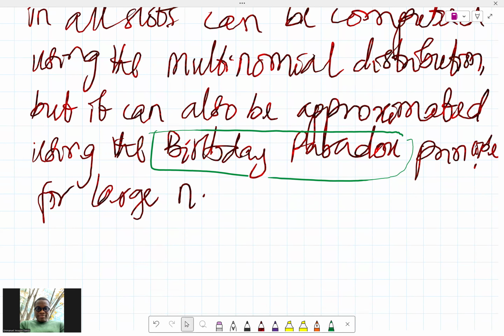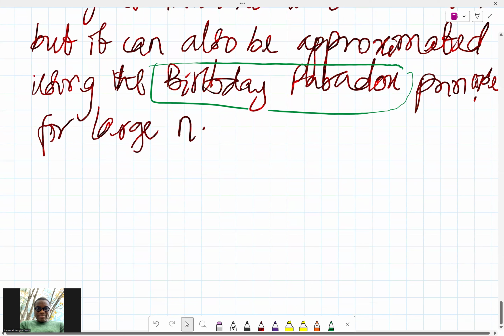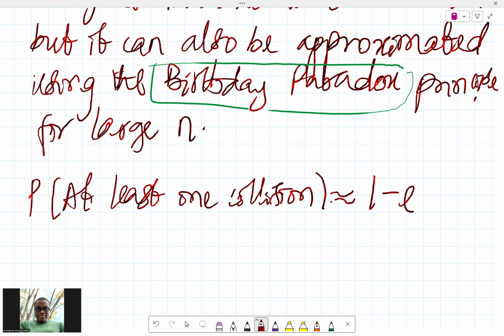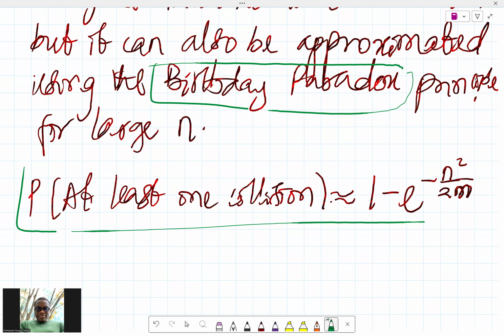Birthday paradox. And what does that say actually? It simply states that the probability of at least one collision is approximately 1 minus e raised to the power minus n squared all over 2m. So that is the approximation for that. So this is really important also, following from the birthday paradox principle.